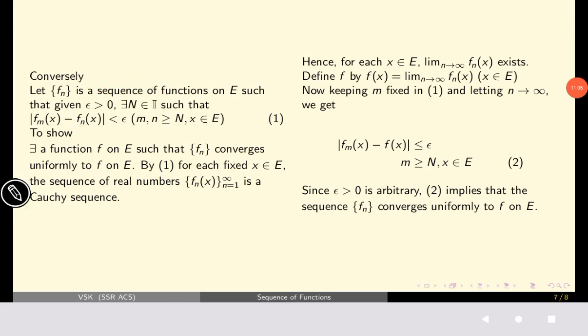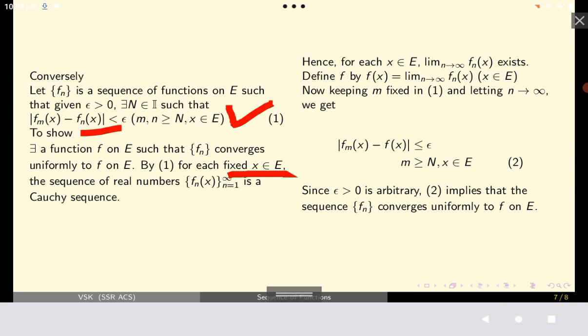Now we have to prove that f_n converges to some f, so we have to produce an f on E such that f_n converges uniformly to this f on E. How to produce it? We'll use this condition, which is given. For each fixed x belonging to E, we get the sequence of real numbers f_n(x), which is a Cauchy sequence. Why is this so? Because this criterion holds.